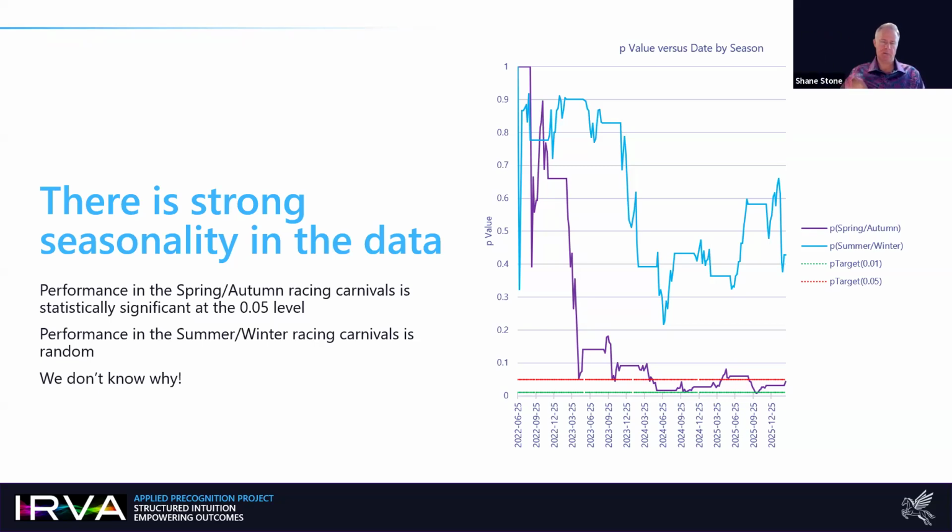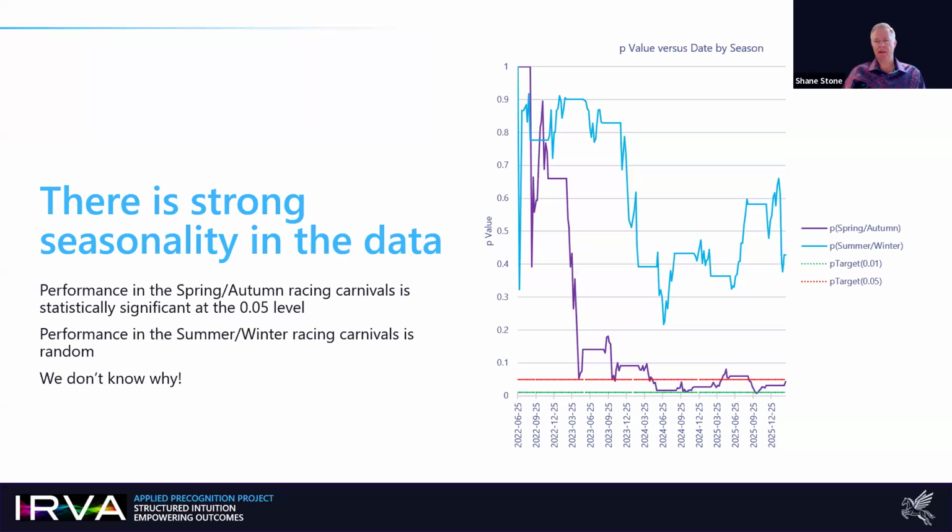And then I sort of lined that up with when those dips were occurring. And it turns out that the statistics for the spring and autumn carnival are different than the summer and winter carnivals. So I've had to bundle spring and autumn and summer and winter into those buckets because, as I said earlier, we're doing races across the United States and Australia, and the seasons are flipped depending on which hemisphere we're in.